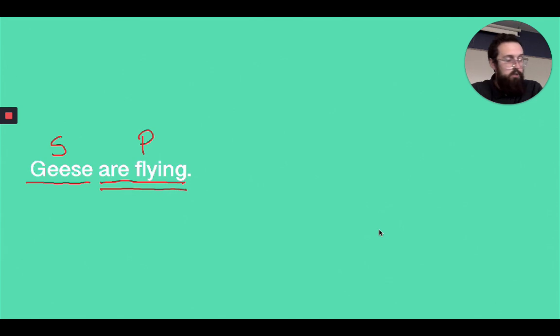It is a predicate verb because it shows the action. There is no linking verb because predicate verbs do not need linking verbs. So I'm going to place a V next to the P, so it's my predicate verb. Are is a helping verb because it helps the verb. It's helping out the word flying. So I'm going to put an HV to show that it's a helping verb. These are the principal elements because they are what's needed to make a completed sentence.